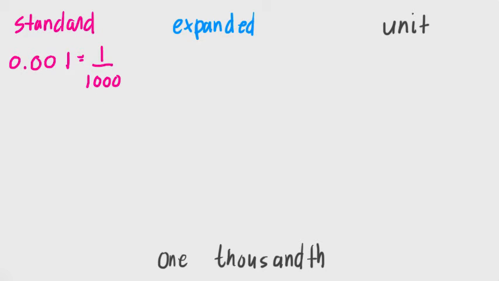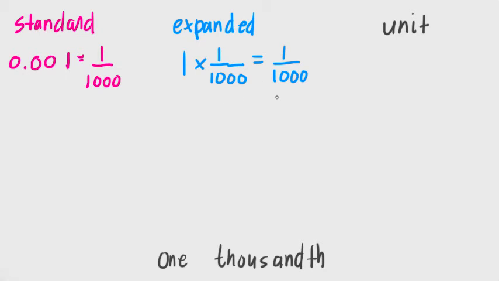Now, the expanded form is a little different. The expanded form says, how did you get that? Or, breaking it apart, it expands the number. When we write the expanded form using a fraction, it would be 1 times 1 over 1,000 is equal to 1,000th.